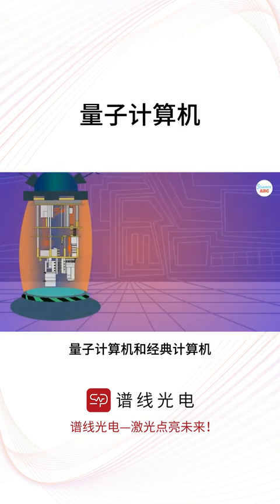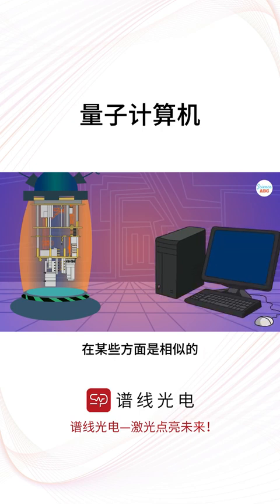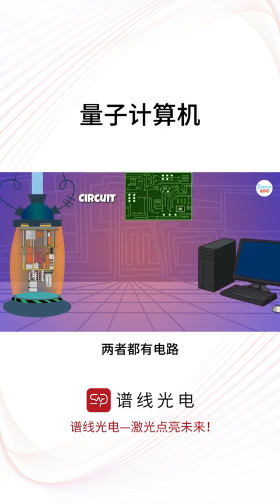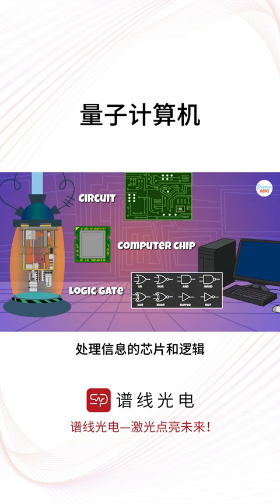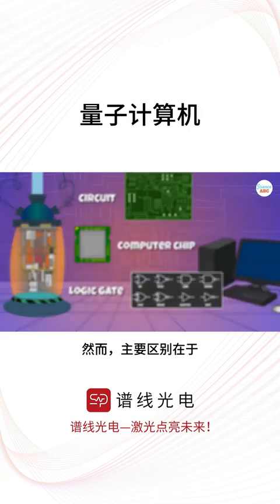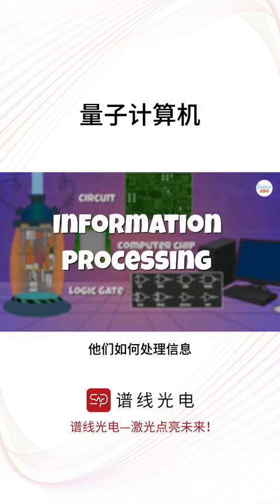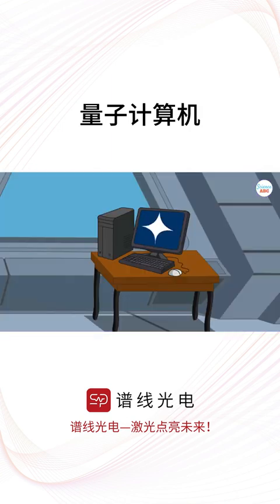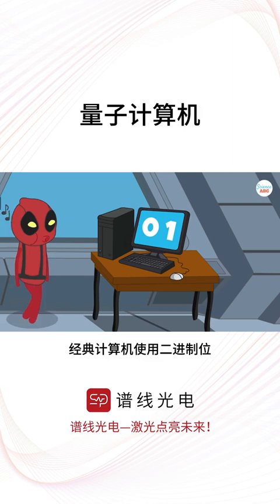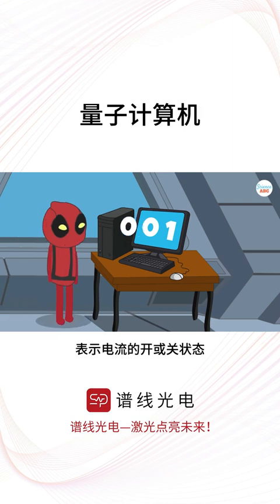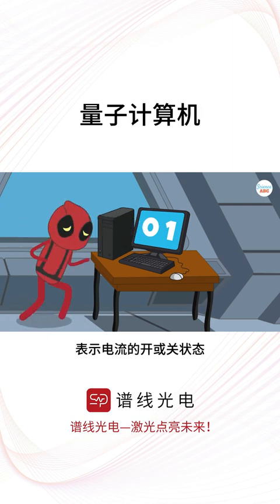A quantum computer and a classical computer are similar in some ways. Both have circuits, chips, and logic gates to process information, and they are both operated by algorithms. However, the primary difference lies in how they process information. Classical computers use binary bits, zeros and ones, representing the on or off state of a current.